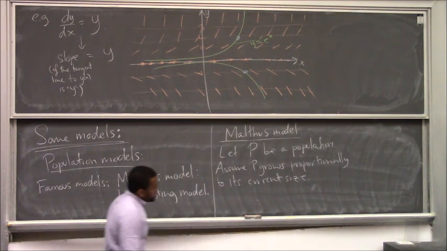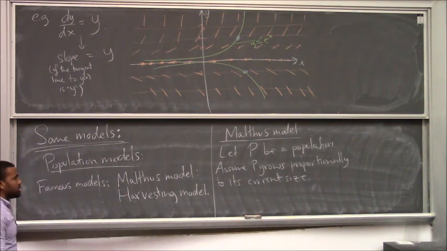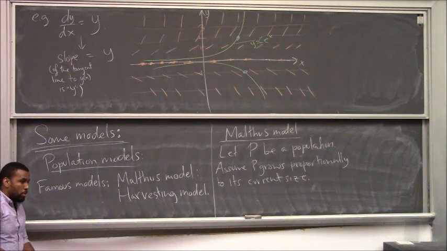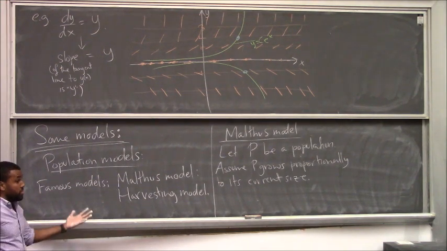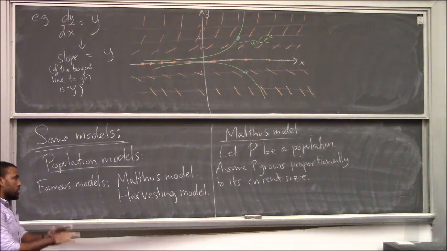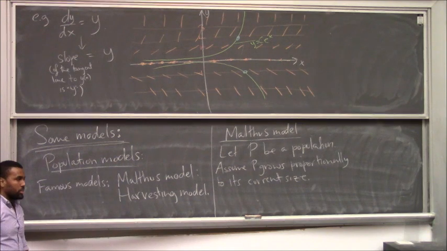Very simplistic assumption, but it's one that tends to make sense. The larger a population is, the more kids they're going to have, the faster they're going to grow, right? Small populations will grow very slowly because they have less children. Large populations will grow very fast because they have more children. And if you just assume the rate of having children is dispersed equally throughout the population, you can say, well, the number of kids is going to grow in proportion to the size of the population.